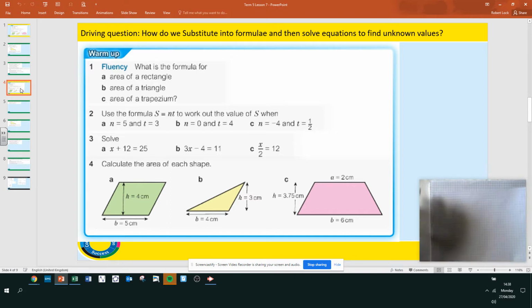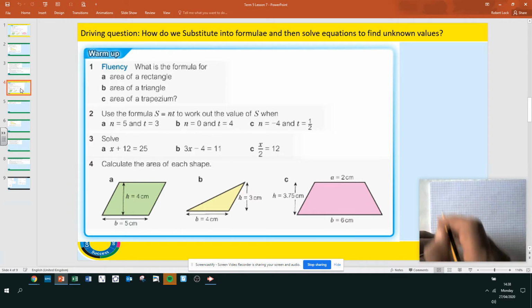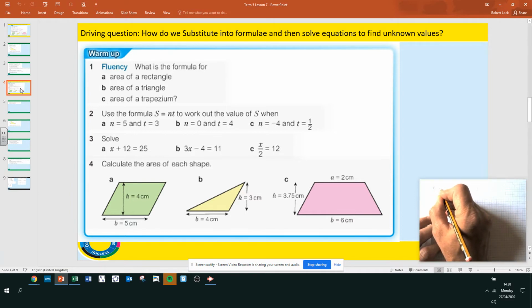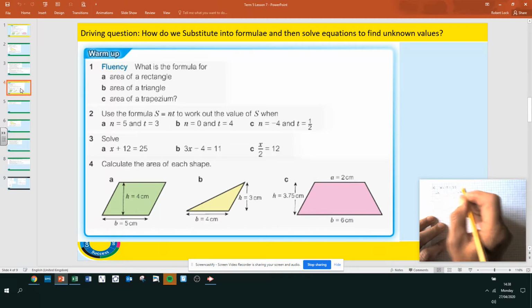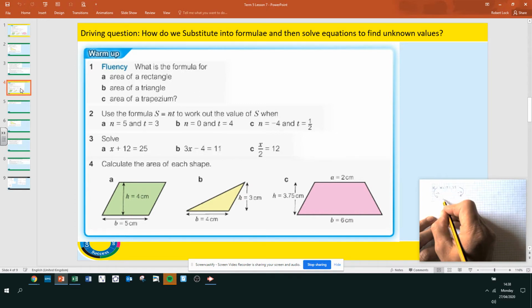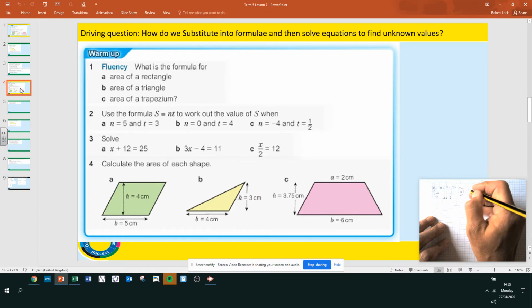Question 3. Equations. A. x plus 12 equals 25. To get rid of the 12 this side, we need to take away 12 on both sides. 12 take away 12 is nothing, so we've got x equals 25 take away 12, which is 13. B. 3x minus 4 equals 11.